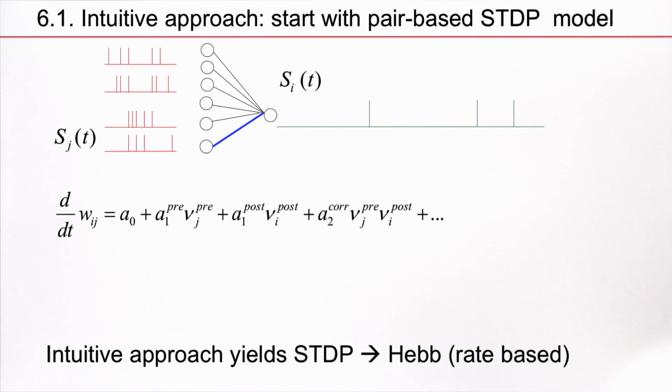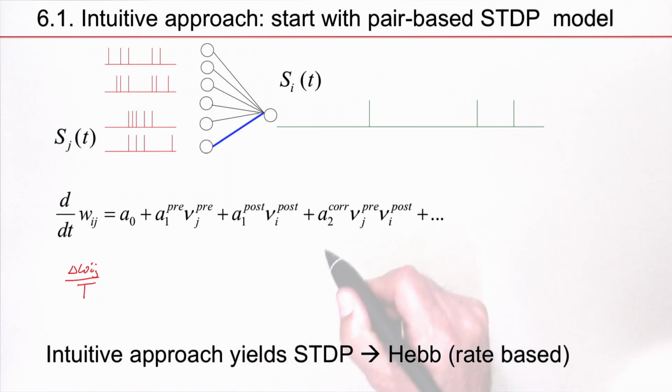Now this allows me to answer my question. I asked, what is the relation between spike-based plasticity and rate-based plasticity? So what we found is that in spike-based plasticity, I have a weight change divided by the total interval over which I consider the weight change.